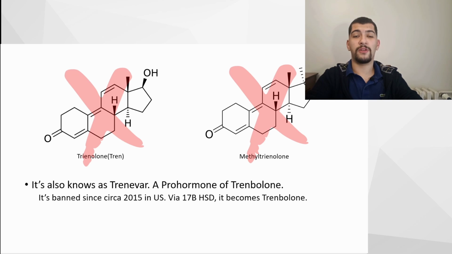Via 17-beta hydroxysteroid dehydrogenase, it becomes trenbolone. It gains the hydroxyl group at the 17th position of trenbolone, as you can see right now on top of the screen. And the end product you get is trenbolone.